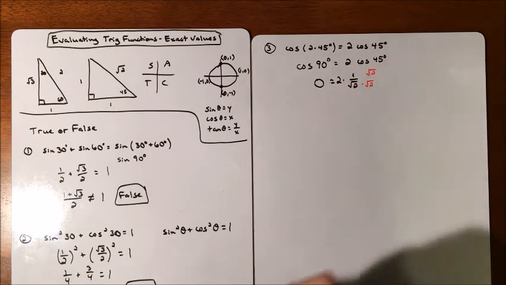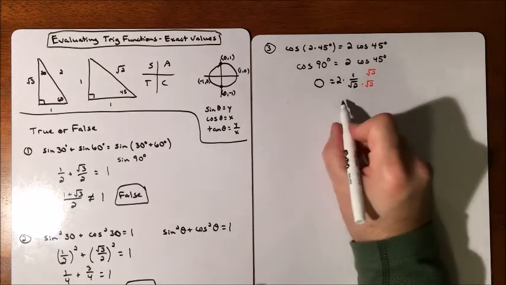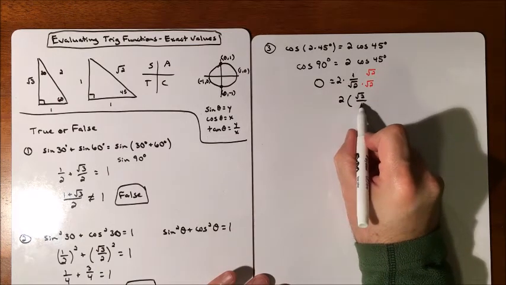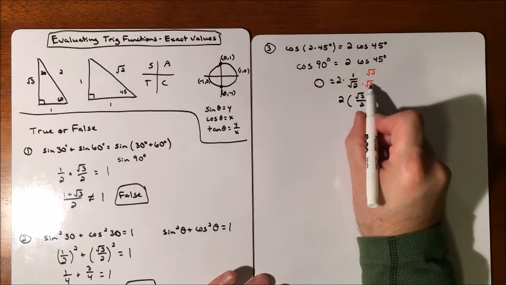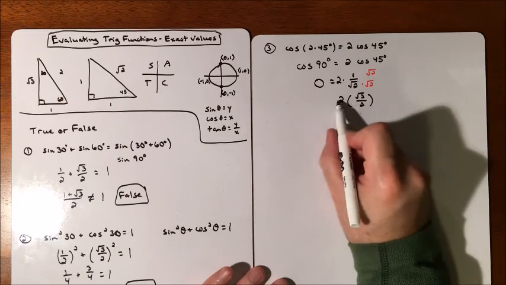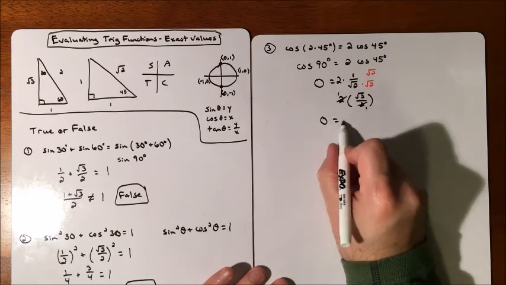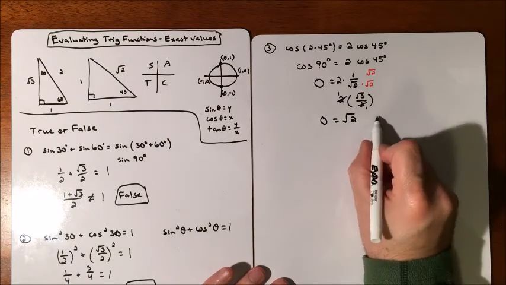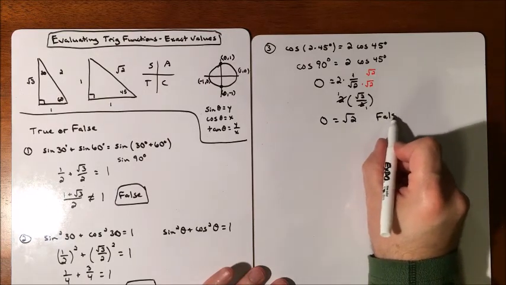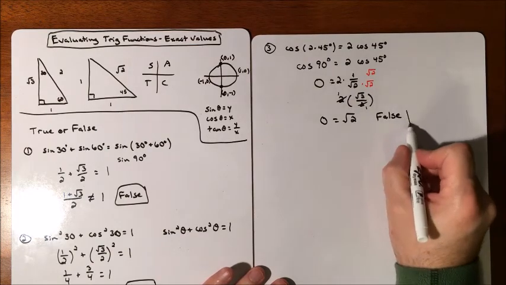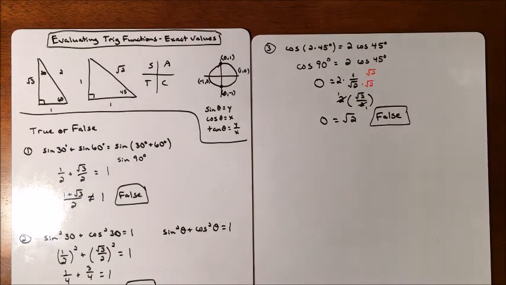If I rationalize my denominator, I'm going to get 2 times a root 2 over 2, because that turns into a square root of 4. Square root of 4 is 2. And then that 2 and that 2 can simplify each other. So does 0 equal root 2? No. Now there may be special cases to this, but the majority of the time I don't think that's going to work out.